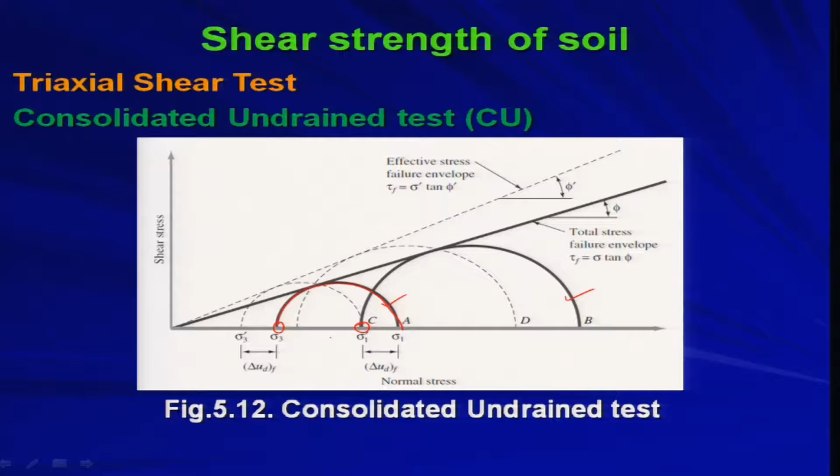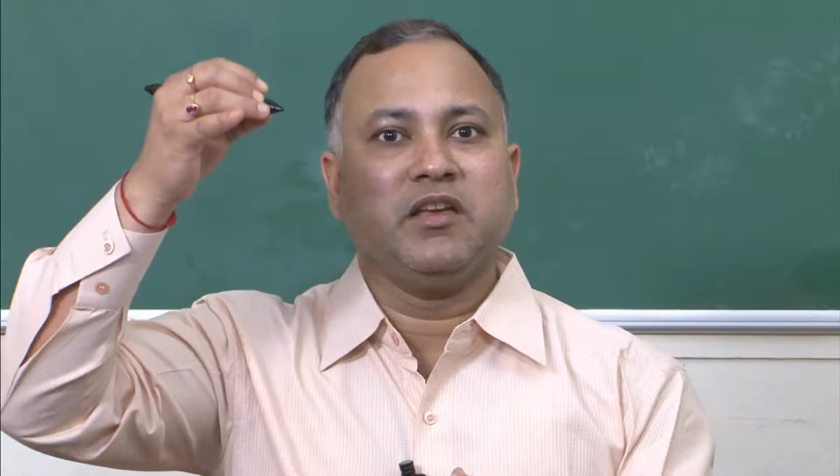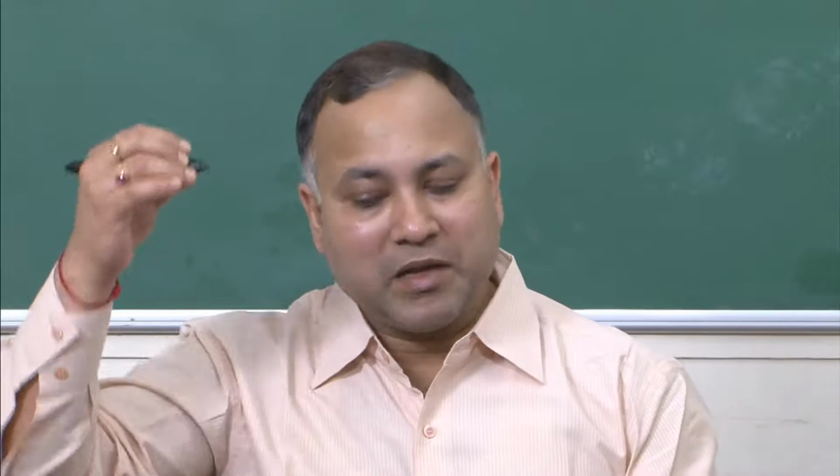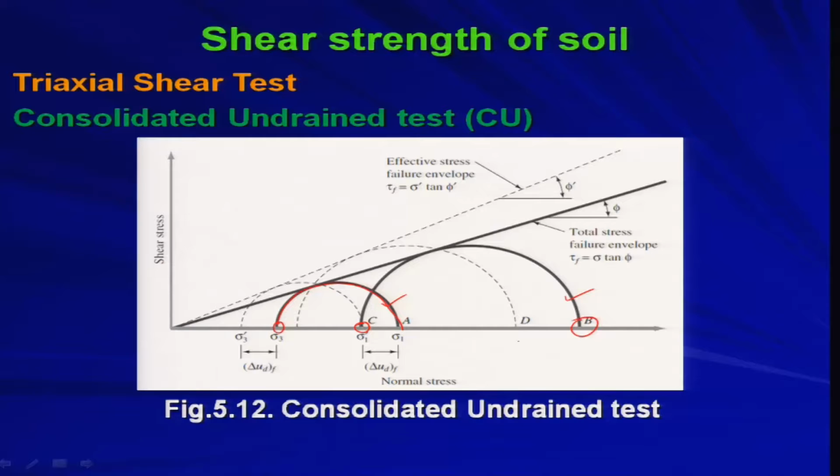Of course, when you increase the confinement, you need to apply more deviatoric stress to get the failure, and that is happening at this point. Now these two Mohr circles will touch the failure envelope, because in both cases you are getting failure. Both Mohr circles must touch the failure envelope, and that is here.